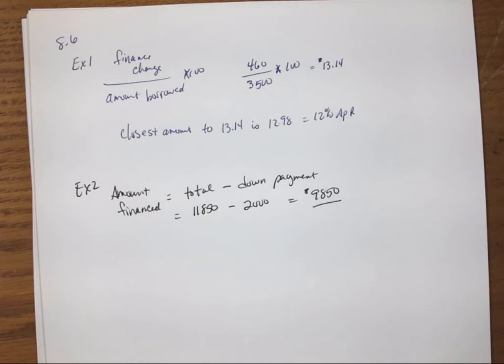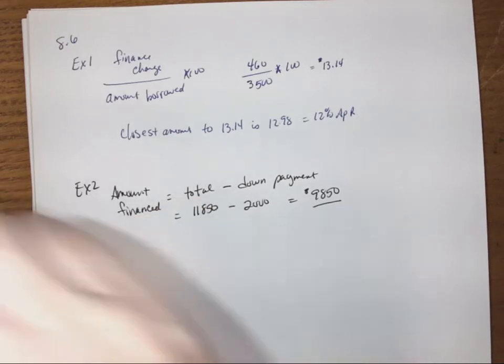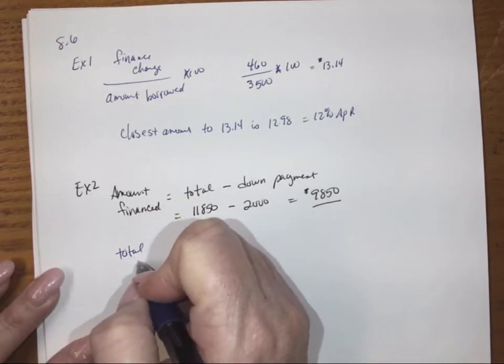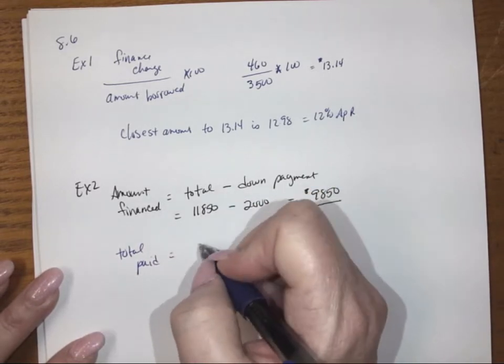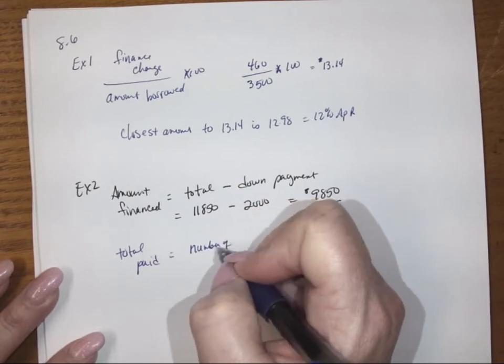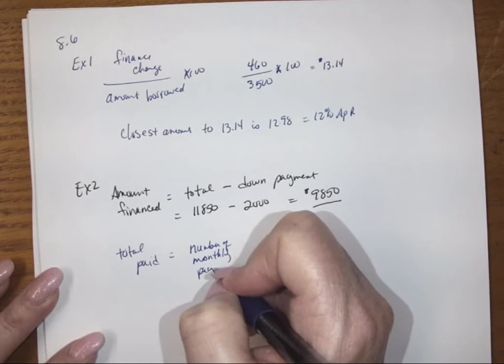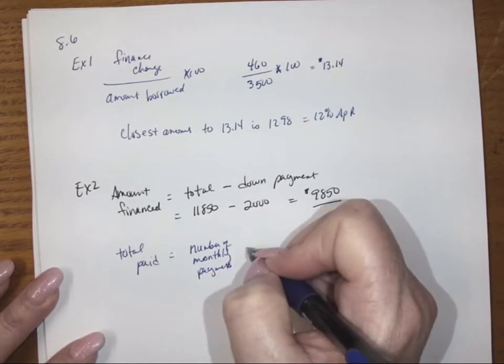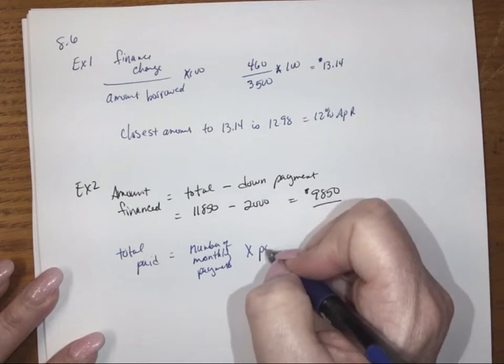Now, what did she total pay for this? She had a payment of $250. So her total paid is going to be the number of monthly payments times the payment.